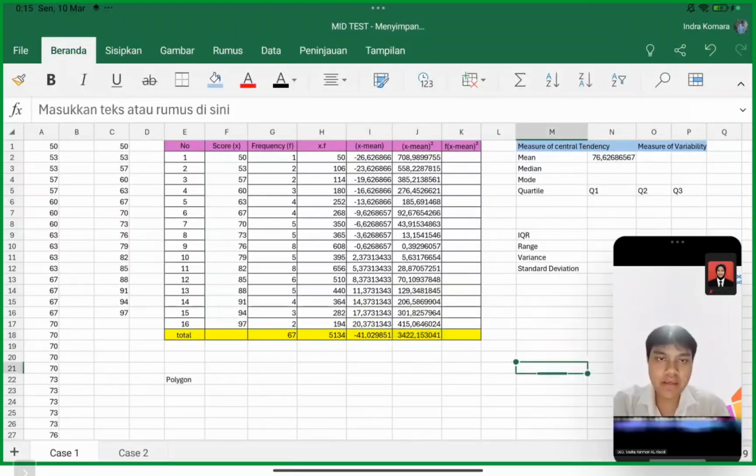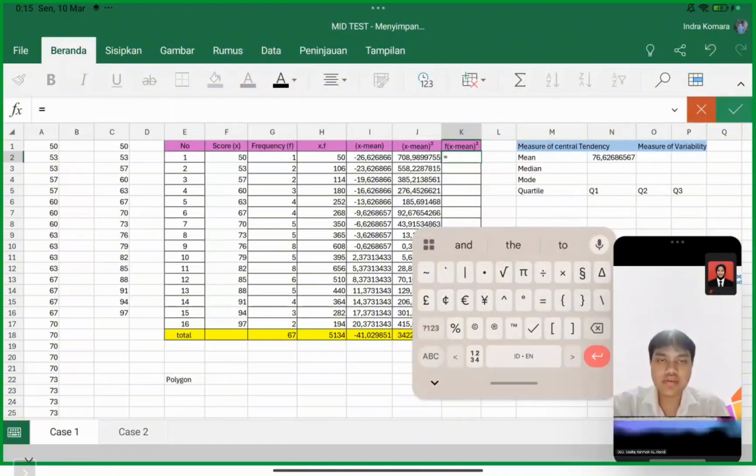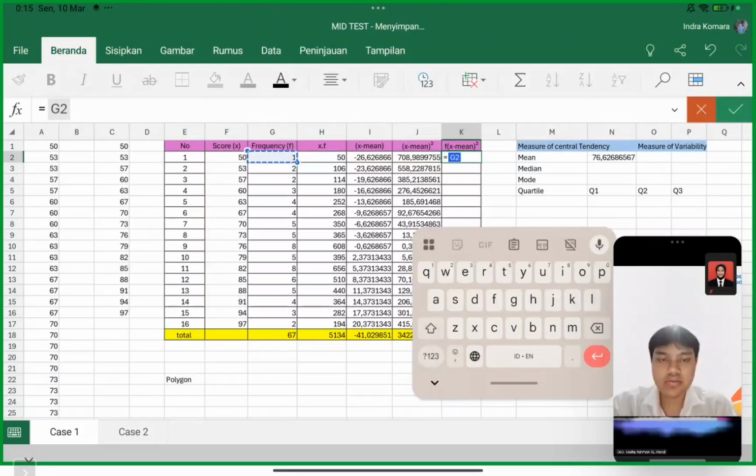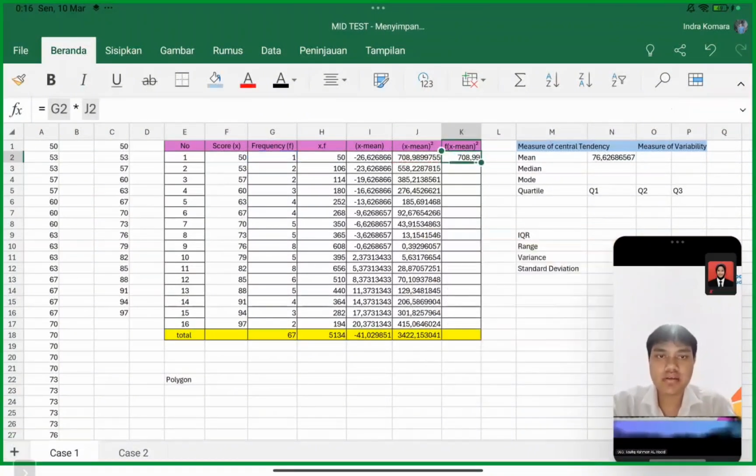Okay, now the f times x minus mean squared. We use the frequency, here's 1 and times x minus mean squared. Right, here's the f times x minus mean squared.